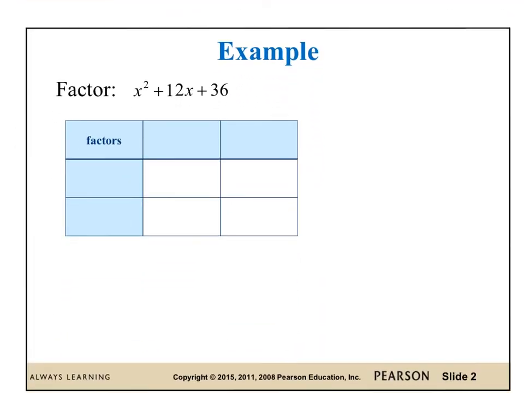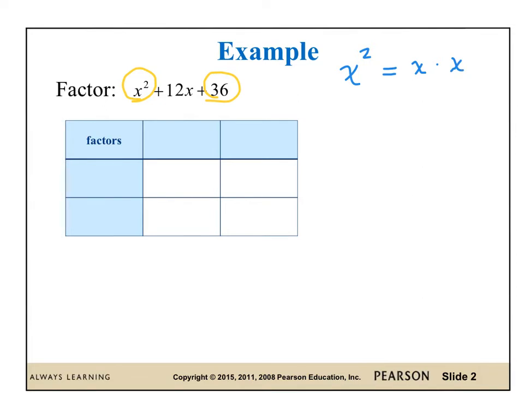So what we have here is what is called a perfect square trinomial, which means that your first term and your last term are both perfect squares, because x squared is the product of x times x, which we've talked about before.